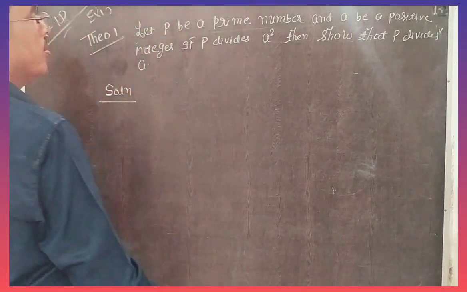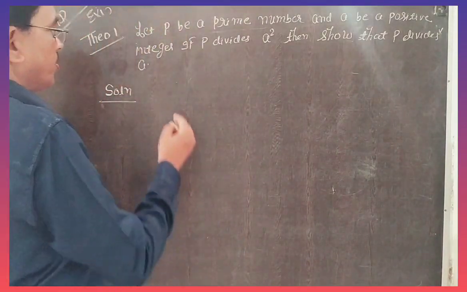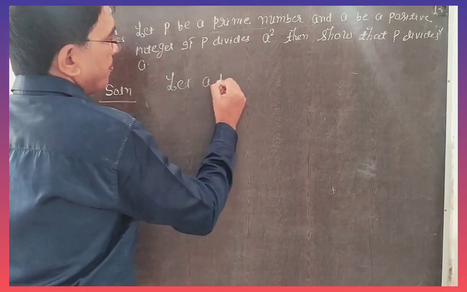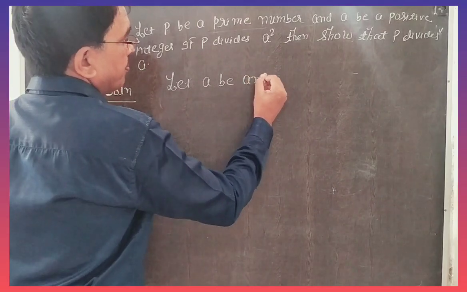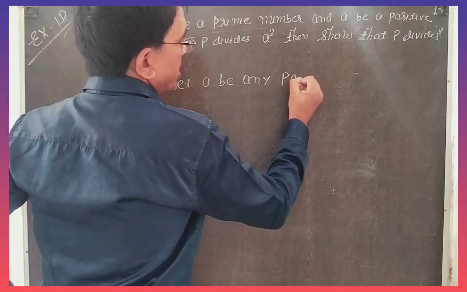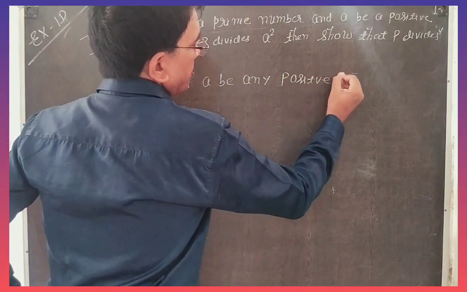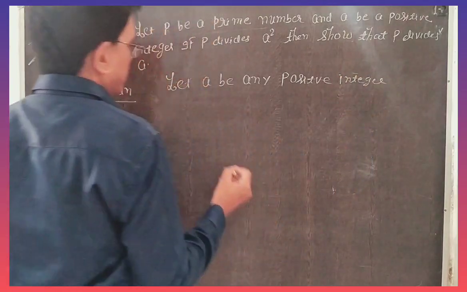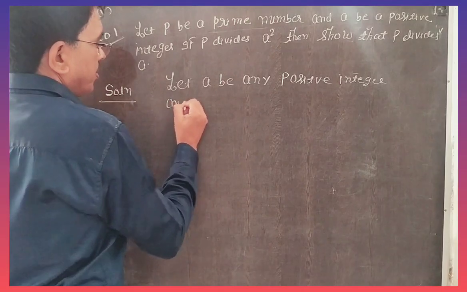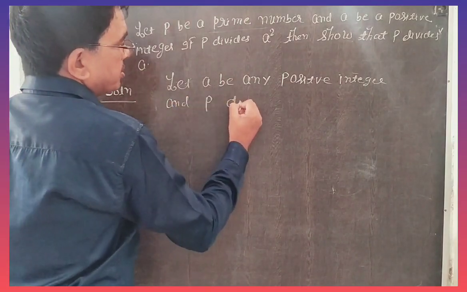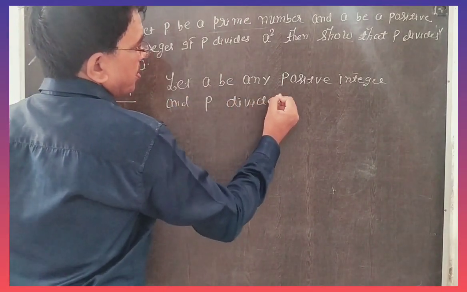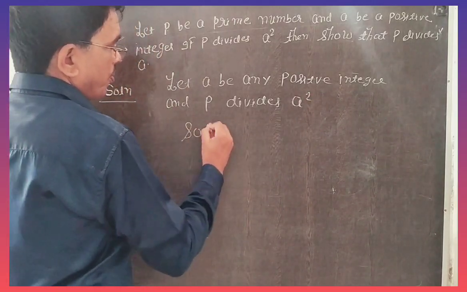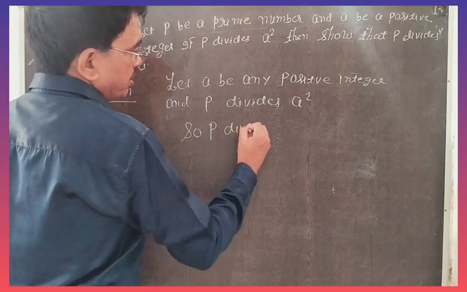Now your question is here: p is a prime number. Suppose let a be any positive integer and p divides a square.